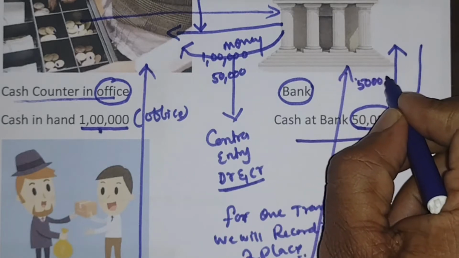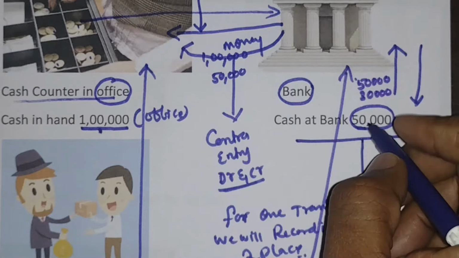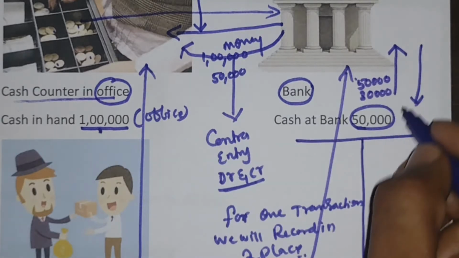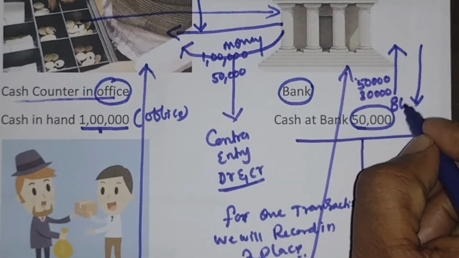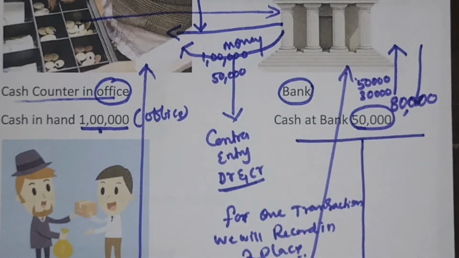Now 50,000 plus 30,000 extra increases to 80,000 rupees. I hope the concept is very clear.